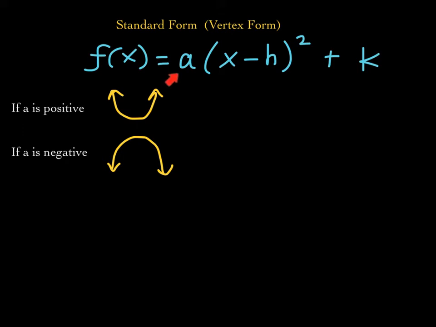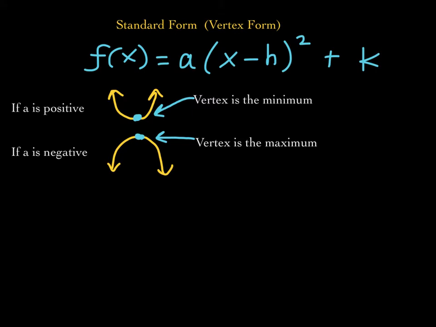Is it a positive number or a negative number? Now, if your parabola opens upward, that means it has a minimum or a lowest point, and it's located at the vertex. If the parabola opens downward, that means it has a maximum or a highest point on the parabolic curve, and it's located at the vertex.